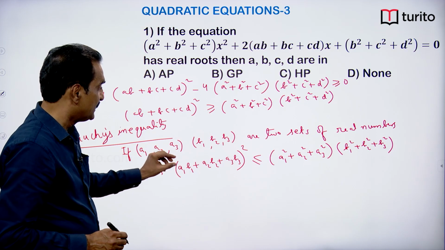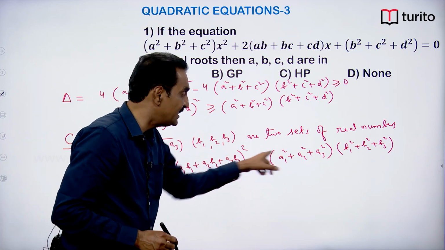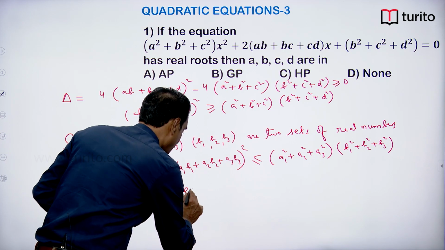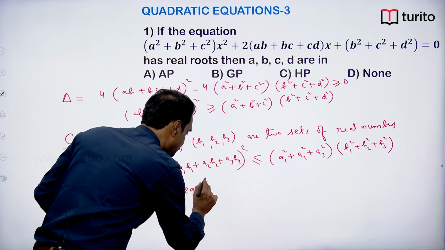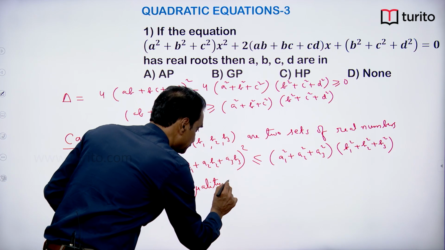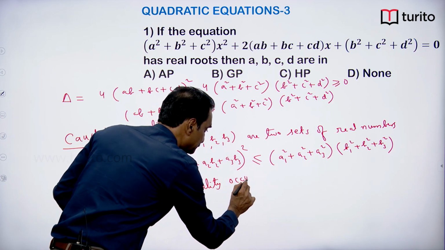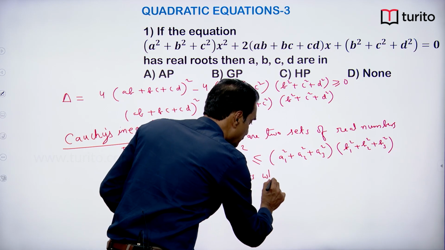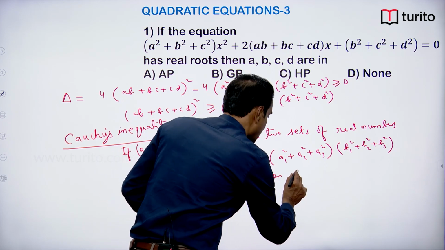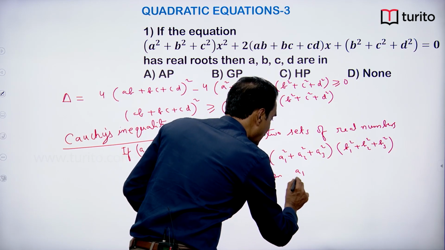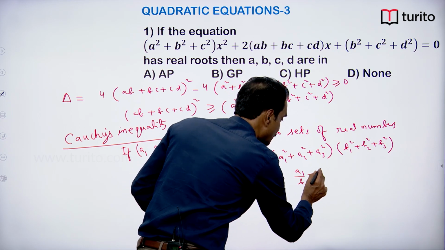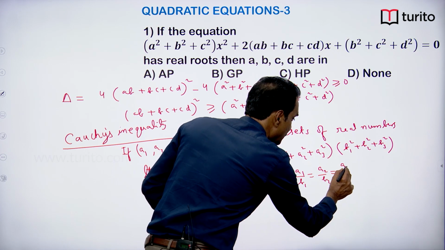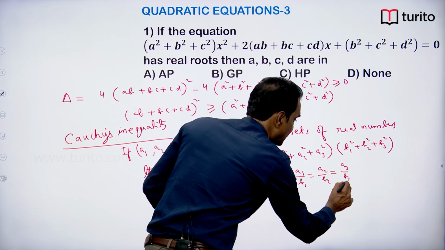Now, suppose these two are equal. Equality occurs when a1 by b1 is equal to a2 by b2 is equal to a3 by b3.